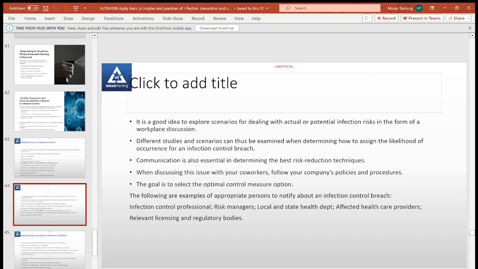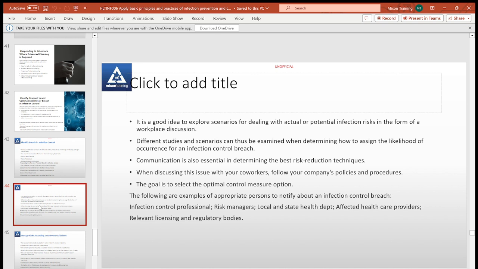It is a good idea to explore scenarios of dealing with actual and potential infection control in the form of workplace discussion. So during the discussion, you bring out the hierarchy of control, and everyone that is working in that area comes up with their own understanding and the likelihood of having a resolute solution in order to support the system.